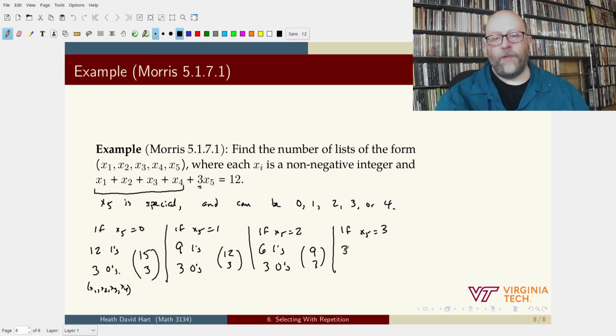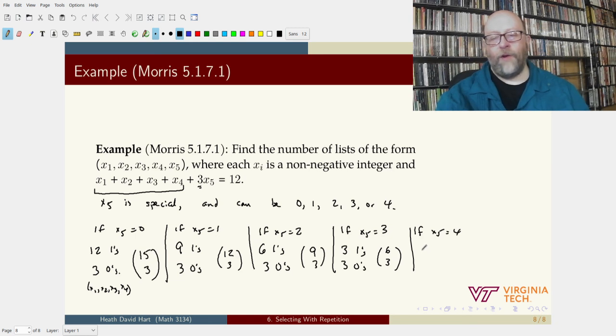So we would need 3 ones and 3 zeros, and that would be 6 choose 3. And then finally, if x5 is equal to 4, all 12 of them have already been accounted for. And so we don't need any ones here.